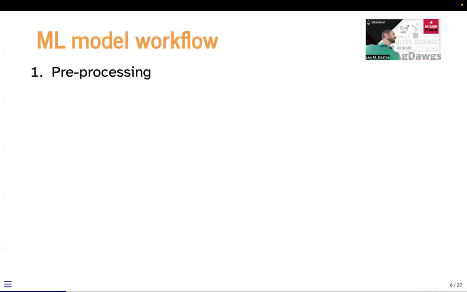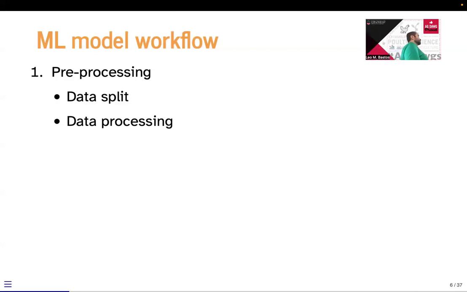One of them is pre-processing, where we do data split and data processing. We have done some data processing already as part of data wrangling, but we may have to do some extra steps when we get into a machine learning framework. Data split is going to be really important. We're going to expand on that in a second, but that is part of the pre-processing step.